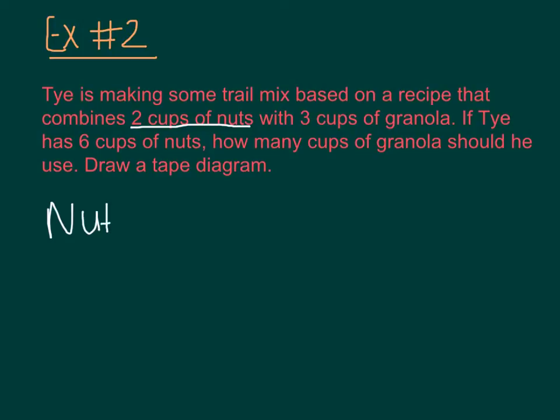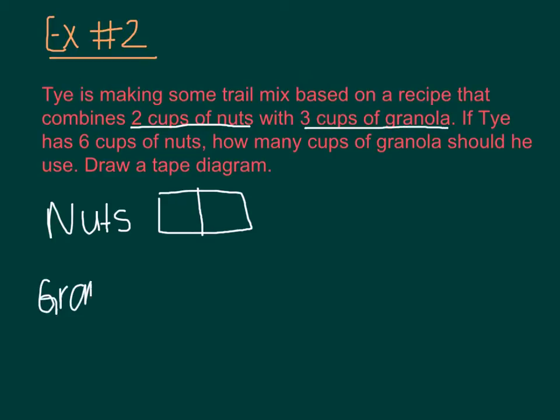So to represent my 2 cups, I draw 2 boxes. That's all I did. I have 2 cups of nuts, so I draw 2 boxes. And then I have 3 cups of granola. So I write granola. And since I have 3 cups of this, I draw 3 boxes.